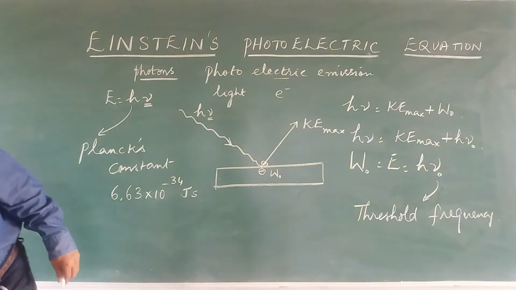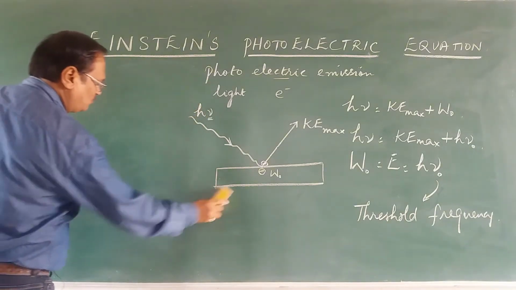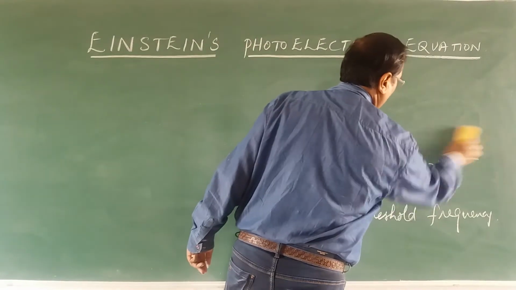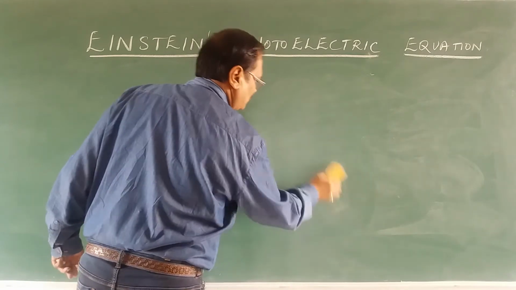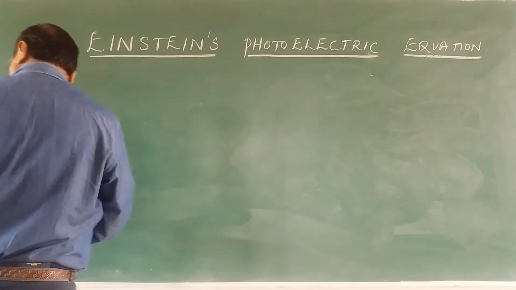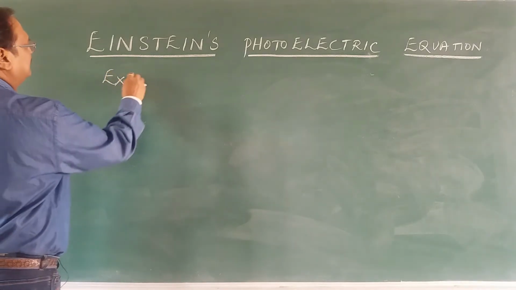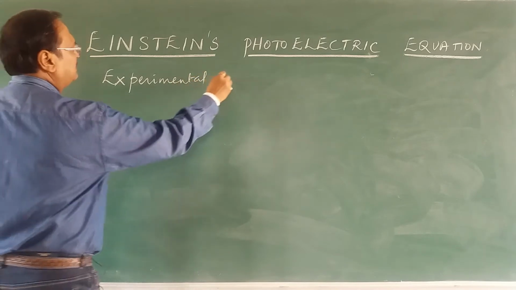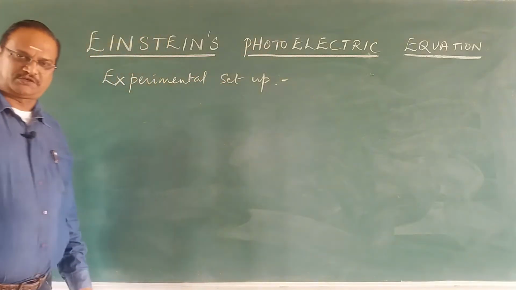Fine. Let us move from here to the concept based on experimental verification. We need to experimentally verify all these things, and that is the next point which we are going to study. Now, how do you verify experimentally? This is the experimental setup, let me write it, to verify photoelectric emission.